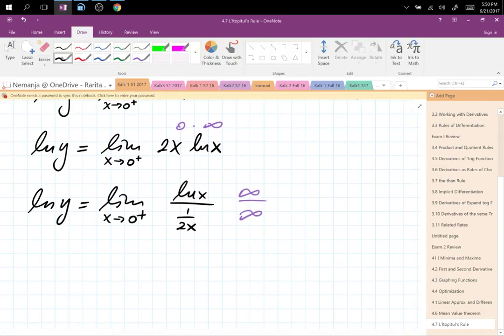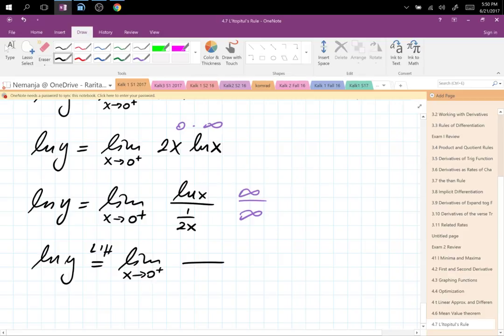We can finally do L'Hopital's rule now. So on the left hand side we have ln y. On the right hand side we take derivatives. That's 1 over x for the numerator and 1 over 2, negative x squared. There we go.